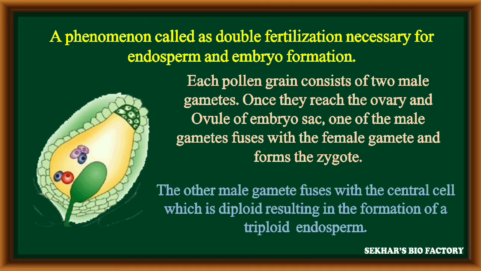The other male gamete reaches the two polar nuclei of the central cell, and after fertilization it becomes a triploid primary endosperm nucleus. Similarly, it becomes endosperm tissue.